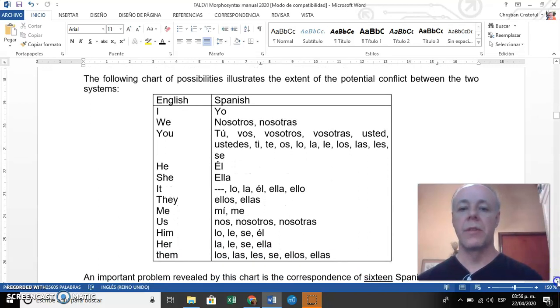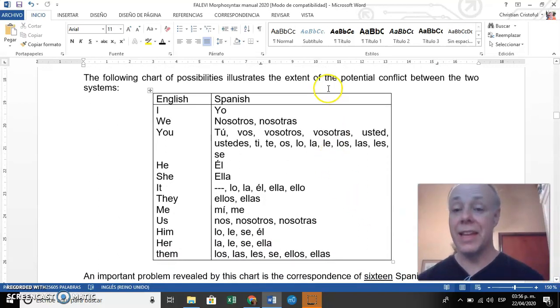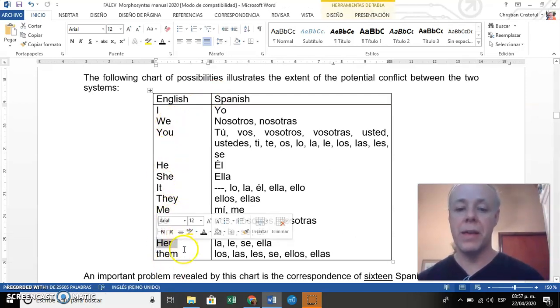The following chart illustrates the extent of the potential conflict between the two systems. We have English, which is much simpler. Here we have gender. Her is female and him is male.